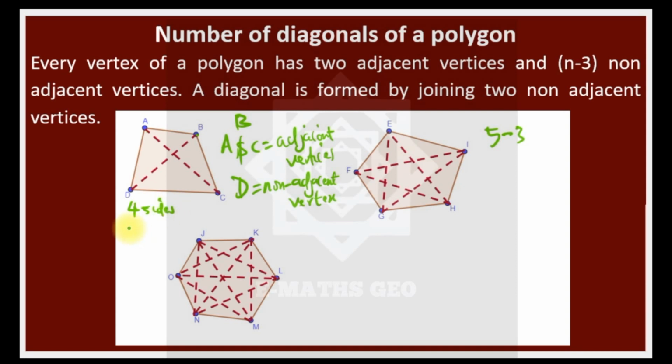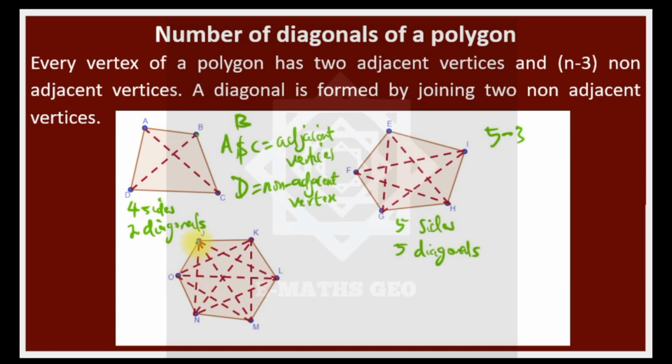We have 2 diagonals. For this, we have 5 sides. And how many diagonals? We have 1, 2, 3, 4, 5. So we have 5 diagonals.